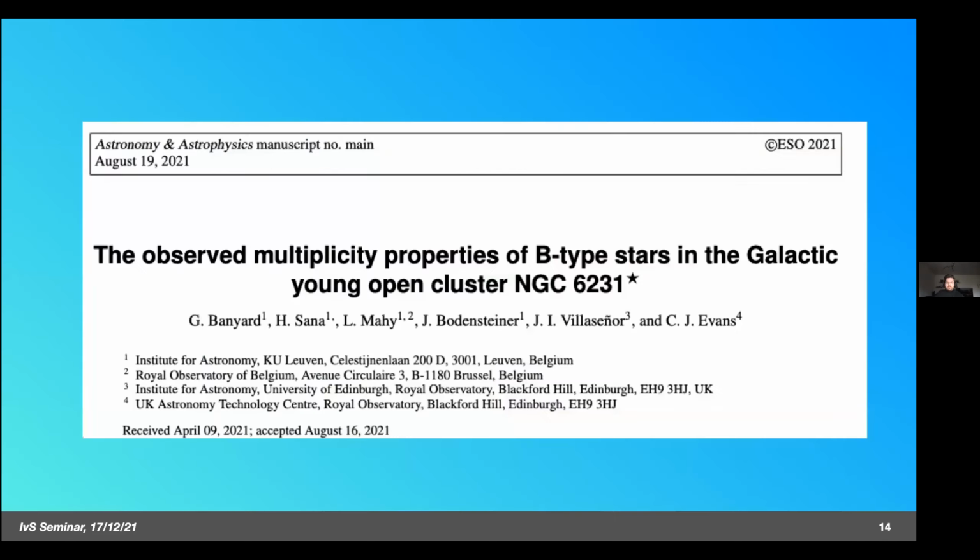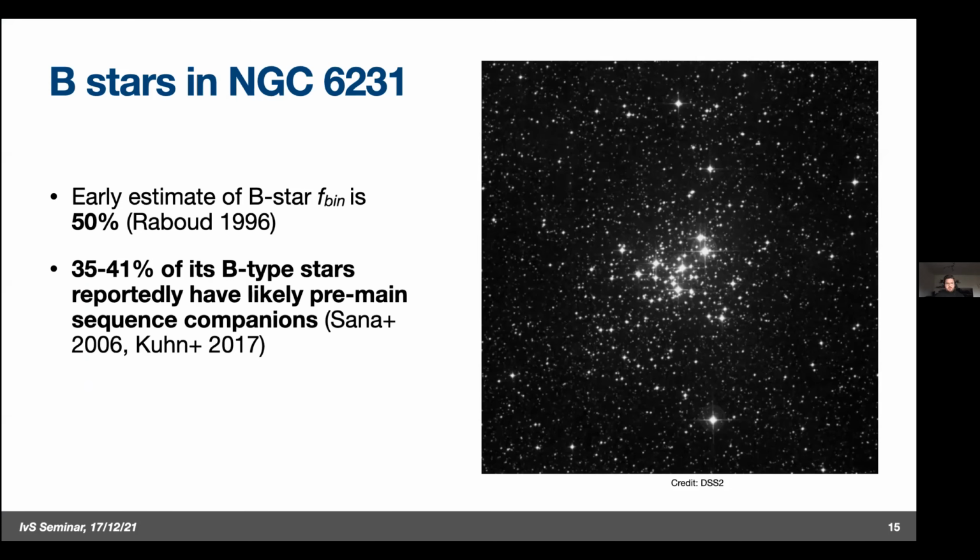And this is where my first paper comes in. With my fellow co-authors, we studied the B stars in the young open galactic cluster NGC 6231 that I introduced before. It has a rich sample of galactic B stars, and as I mentioned, it has a high fraction of binaries observed in the O stars already.